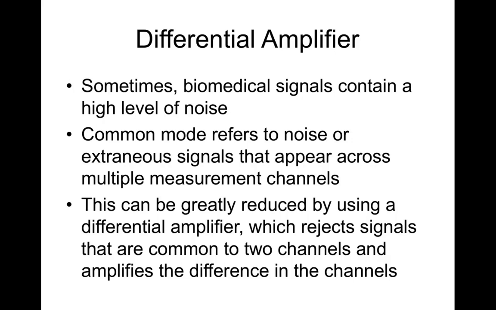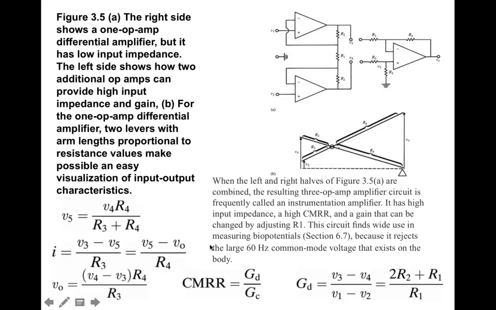And so what this can do is it doesn't completely eliminate the noise, but it definitely improves the signal to noise ratio. So common mode is a term that refers to noise or extraneous signals that appear across multiple measurement channels. And basically, when we use a differential amplifier, it rejects the signals that are common to 2 channels, and it amplifies the difference in the signal.